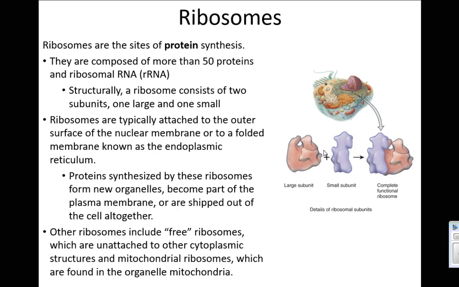Ribosomes are very small collections of more than 50 proteins and a type of RNA called ribosomal RNA or rRNA that when you combine its large and small subunits completes the functional ribosome, which is not super important. Okay.